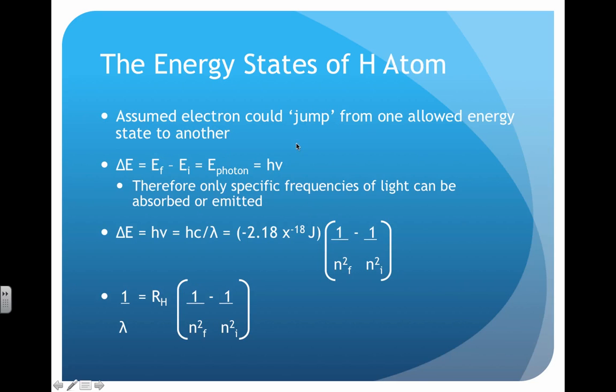So again, the idea here is that electrons can jump from one allowable energy state to another, and we can quantify this. And this will be equal to hν because they have to follow this. Because we can relate that equation from before to Planck's equation, this is how we know that specific frequencies can be absorbed, only certain ones.